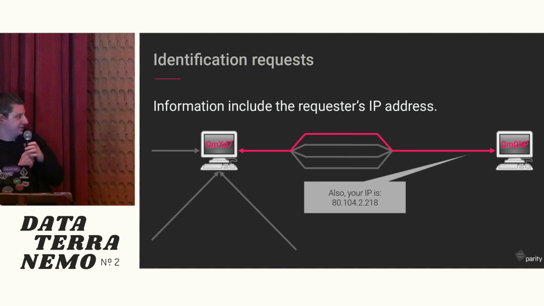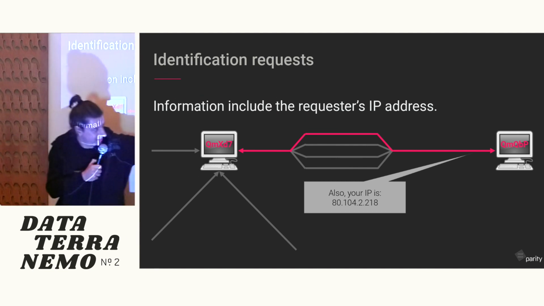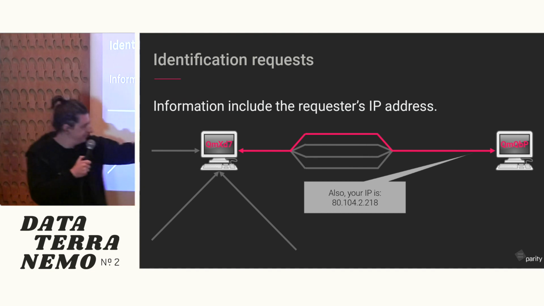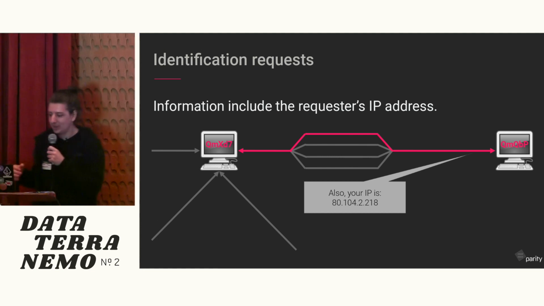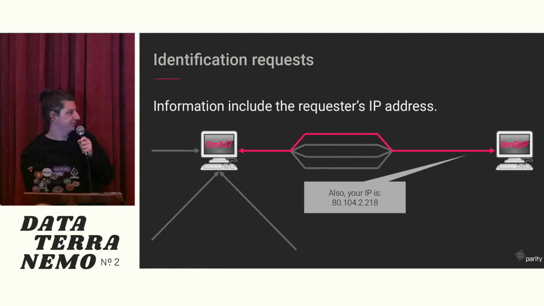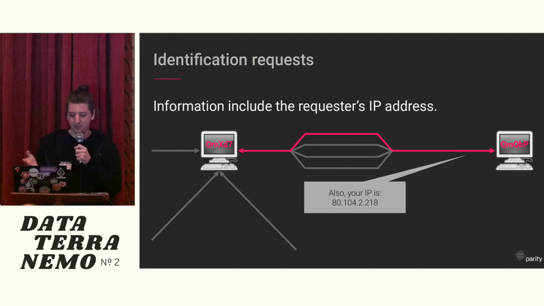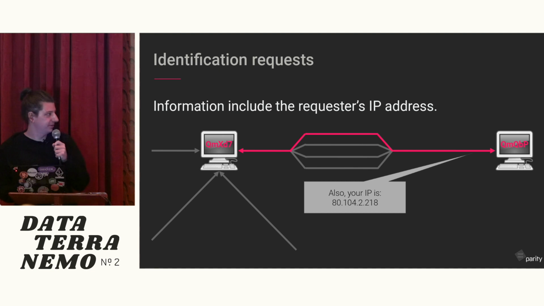The other node also responds back with the IP address of the requester. So this node tells this node what this node's IP address is. That's like the libp2p equivalent of the STUN protocol, except we don't use STUN, we use this mechanism. You ask other nodes through a libp2p protocol what your IP address is.